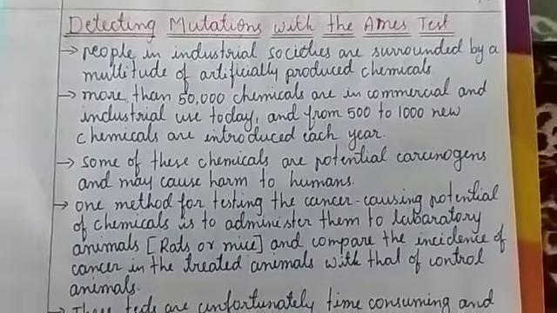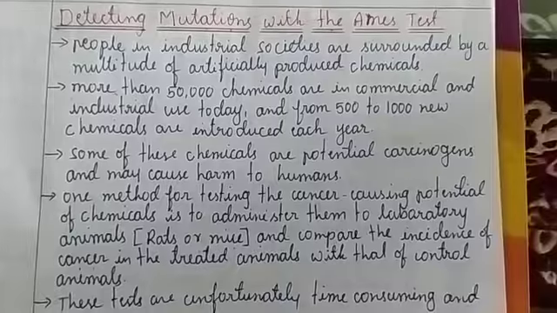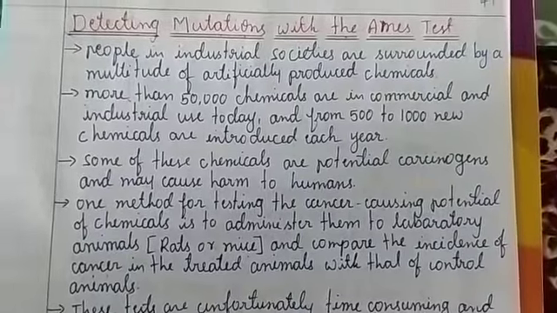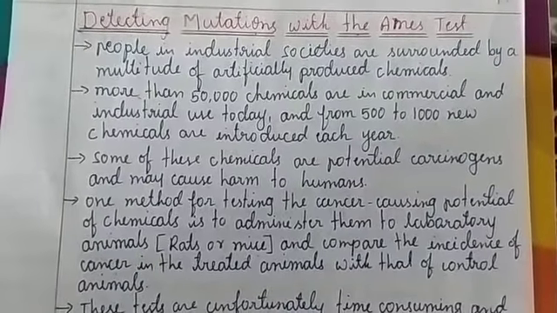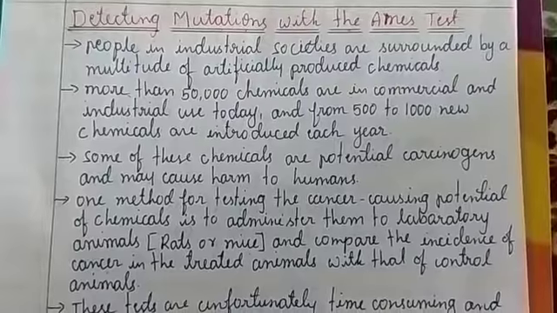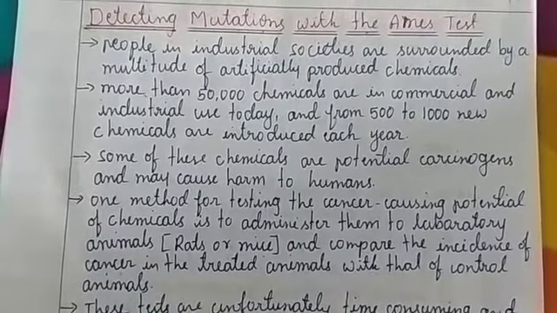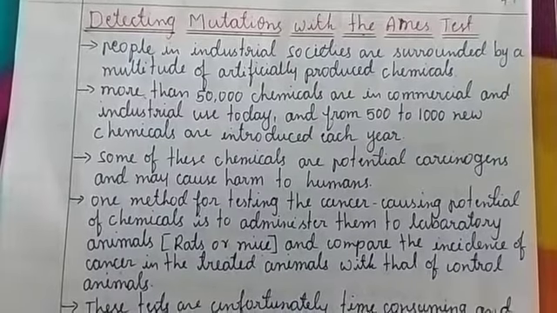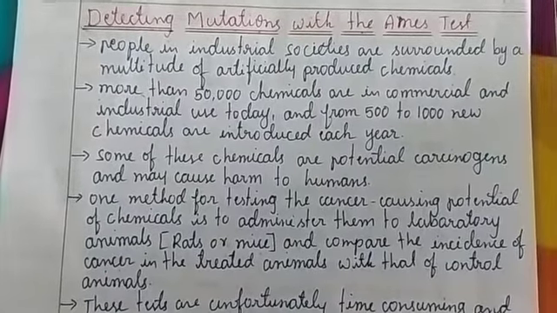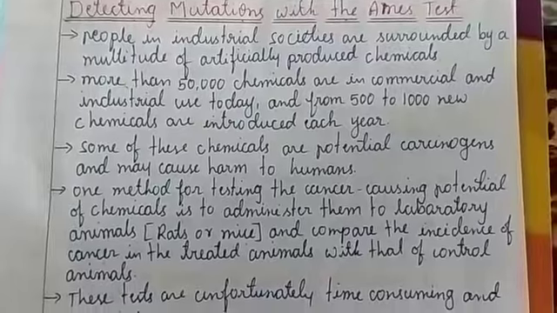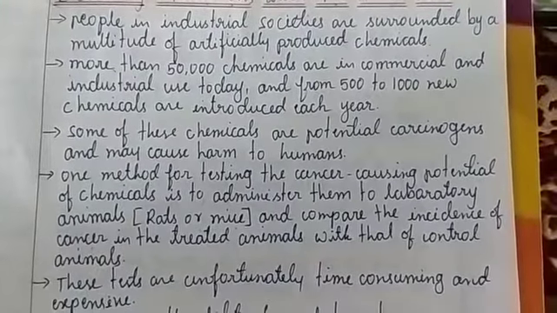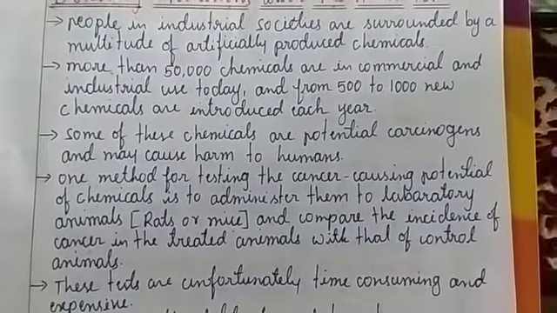People in industrial societies are surrounded by a multitude of artificially produced chemicals. More than 50,000 chemicals are in commercial and industrial use today, and from 500 to 1000 new chemicals are introduced each year. Some of these chemicals are potential carcinogens and may cause harm to humans.